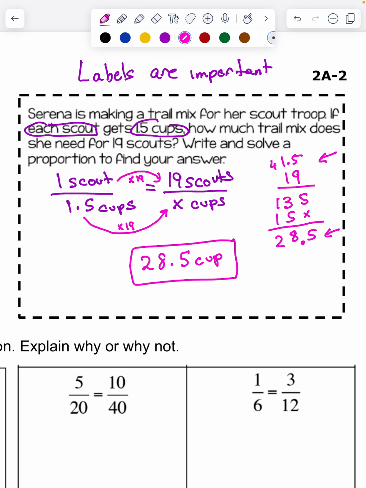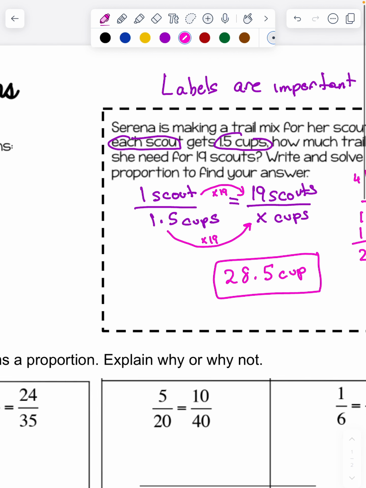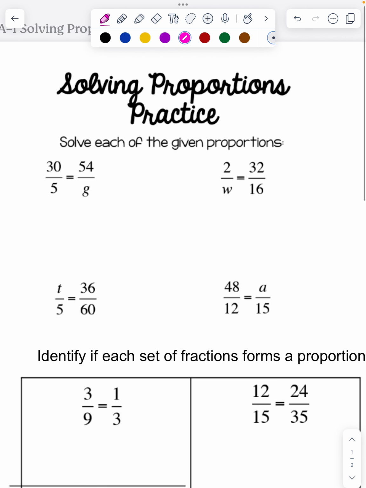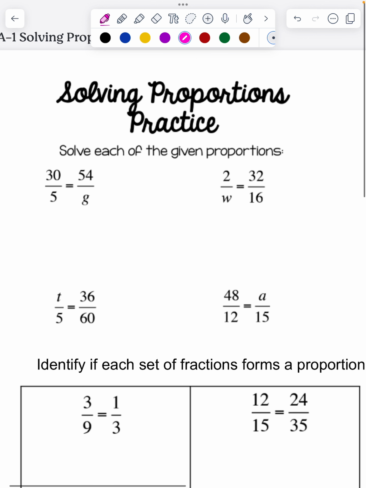And on these, I'm going to show you a couple of ways how to solve them. Here we go, solving practice. I'm going to cross multiply. Wherever my letter is, I'm going to cross multiply.